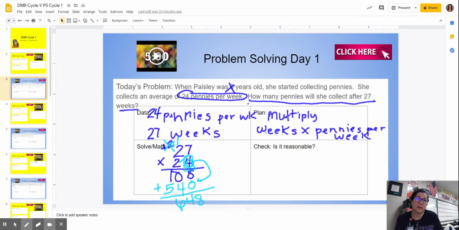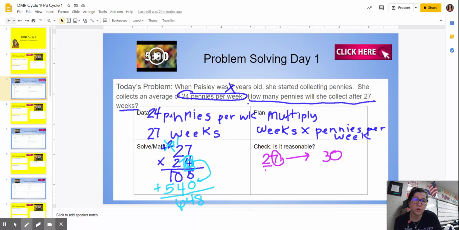Now, we have to go check and see if it's reasonable. What I usually do for checking is estimation. So I look at 27, and it would round up to 30. Okay. We round up to 30.